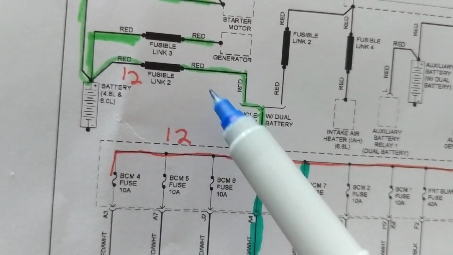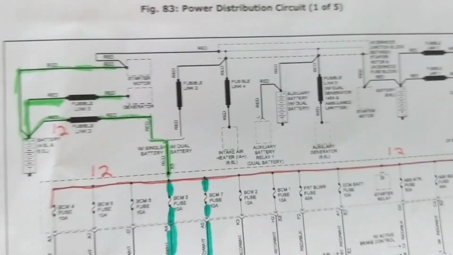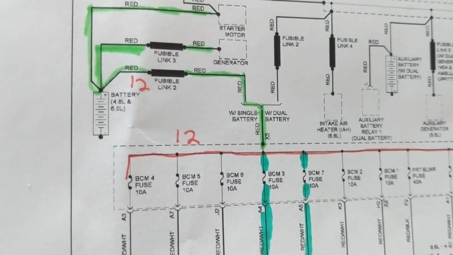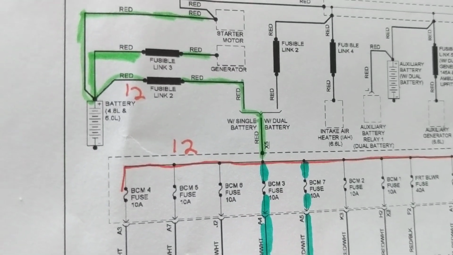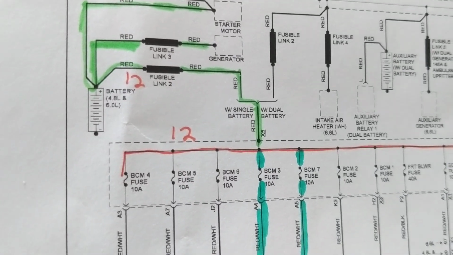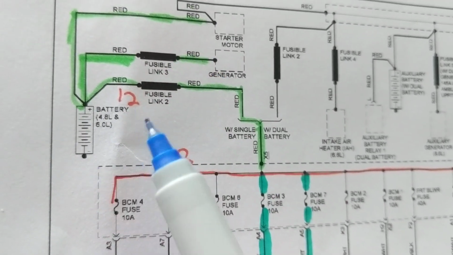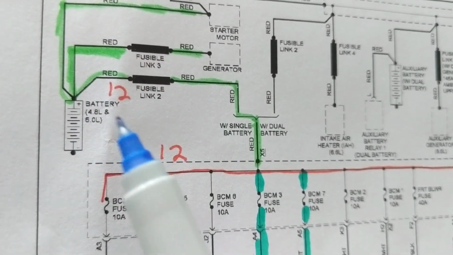Now, it goes through a fusible link, which is wires that are connected together, meshed together, soldered together, or melted together. Whenever the current rating is exceeded, they melt, almost like a fuse. It's used a lot around the battery.